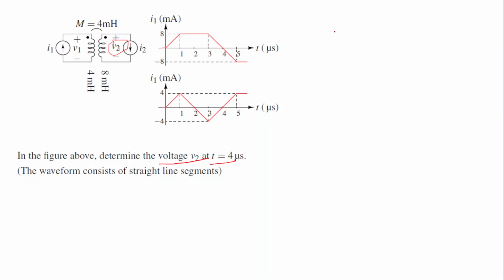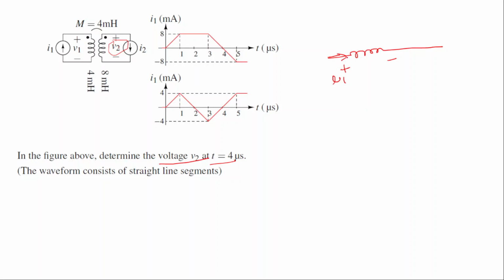Suppose we have only one coil, and the current is going in this direction, I1. The voltage will be induced in this direction.